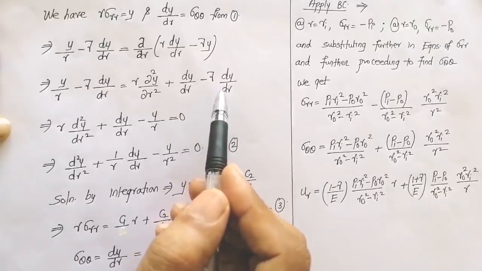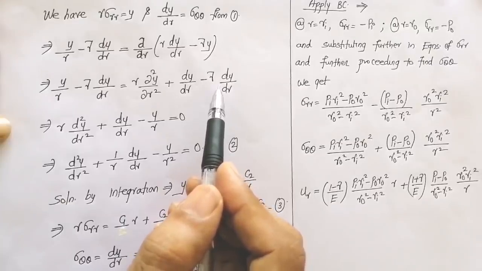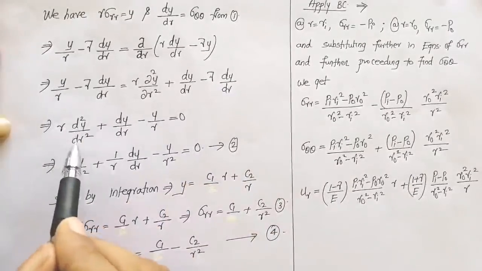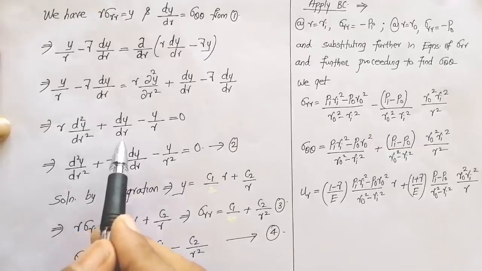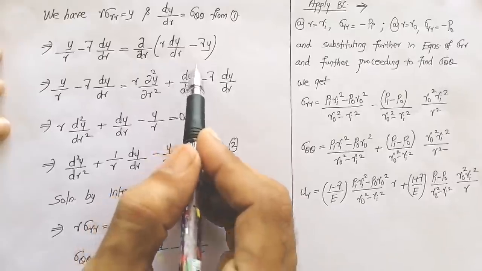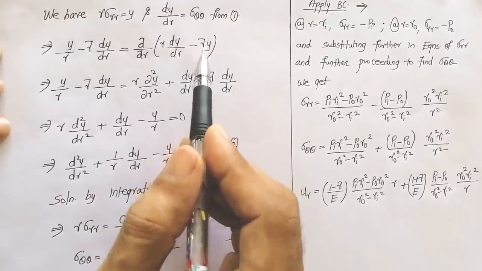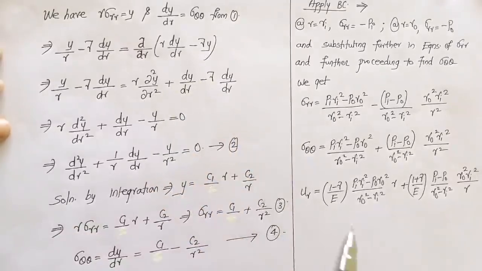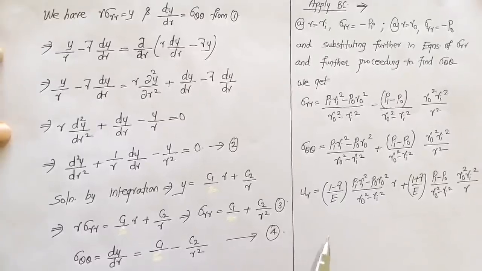Because since it is depending on a single variable only, I can change the partial differential into a full differential. So I will get r d square y by dr square plus dy by dr minus y by r equal to 0. So this equation was obtained from the previous relation where we have equated the strains in terms of epsilon rr and epsilon theta theta, and by substituting Hooke's law equations.